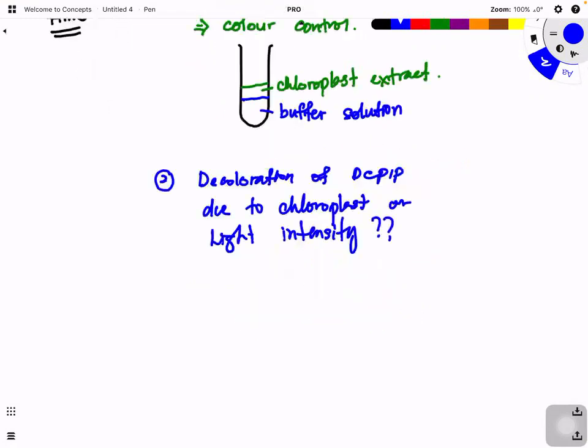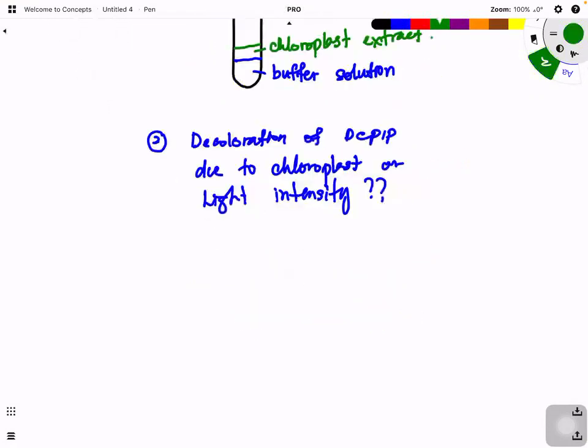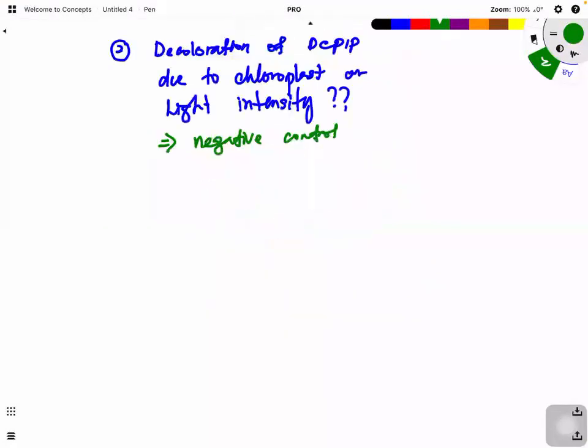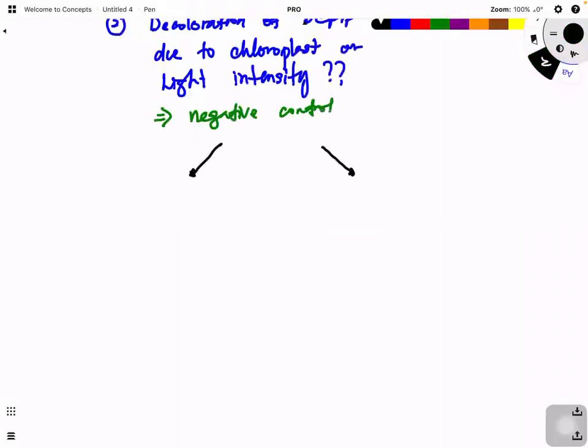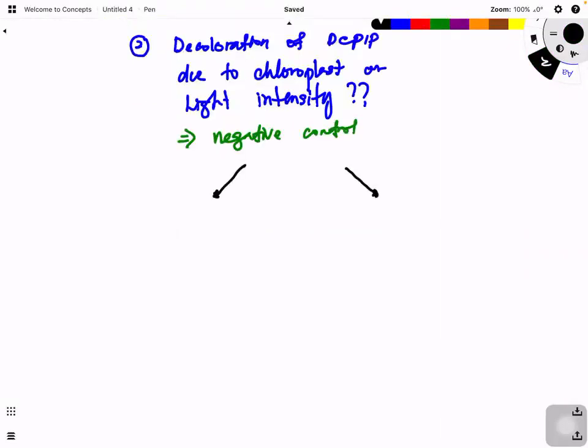Then we need to set the negative control. So we have to do two negative controls here. One negative control is for the chloroplast.